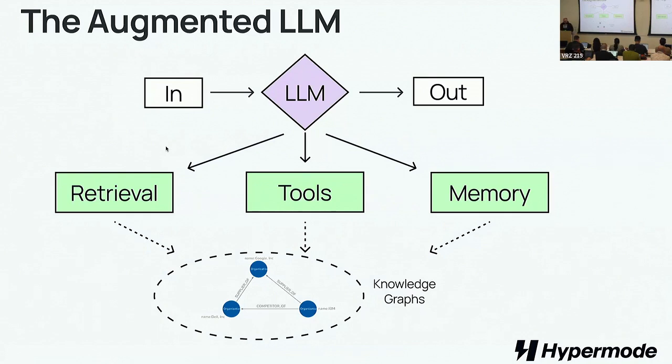Certainly for retrieval, where we talked about this idea of graph RAG, where we may start with an embedding and then traverse through the graph to find the most relevant context. Tools, where we may need to interact with and update a knowledge graph based on some curation or something that we've learned in our organization.